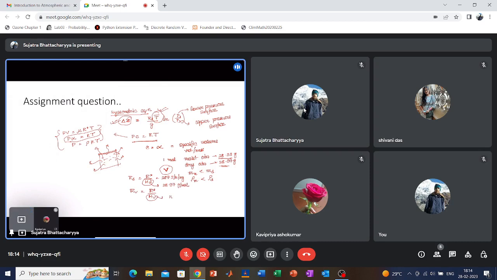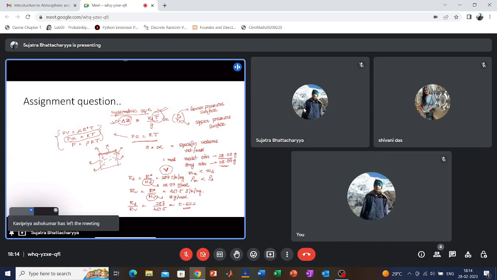We take 18 grams per mole, and its value is 461.5 joules per Kelvin per kg. And you have been asked to calculate the ratio of RD by RV, and it comes out to be 287 divided by 461.5. So if you do it, it comes out to be nearly equal to 0.622. So the correct option will be 0.622.